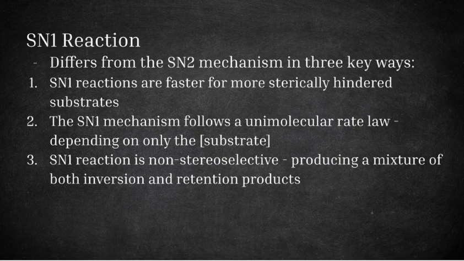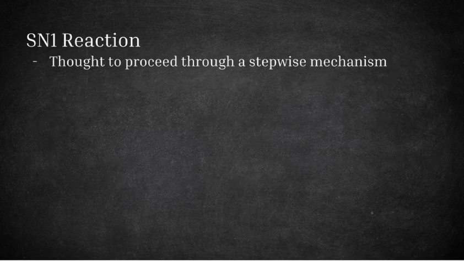Second, as its name suggests, the Sn1 mechanism follows a unimolecular rate law, meaning the reaction rate depends only on the concentration of the substrate, not the nucleophile. Finally, Sn1 reactions are non-stereoselective, producing a mixture of both inversion and retention products. Let's break down this mechanism to better understand these key differences.